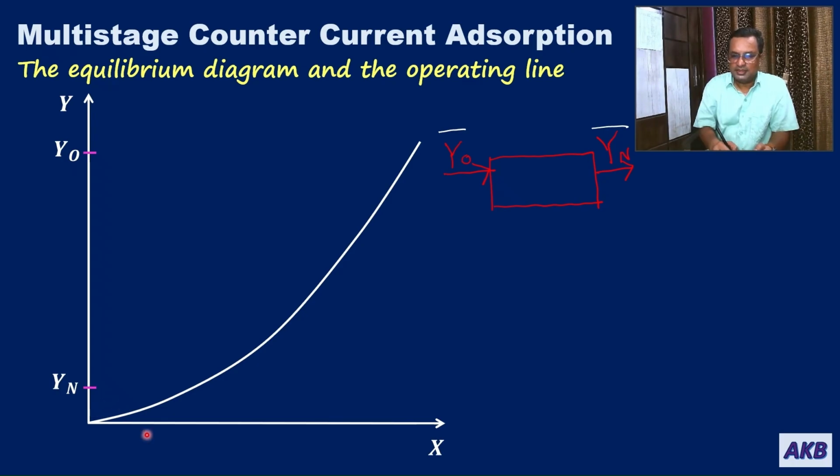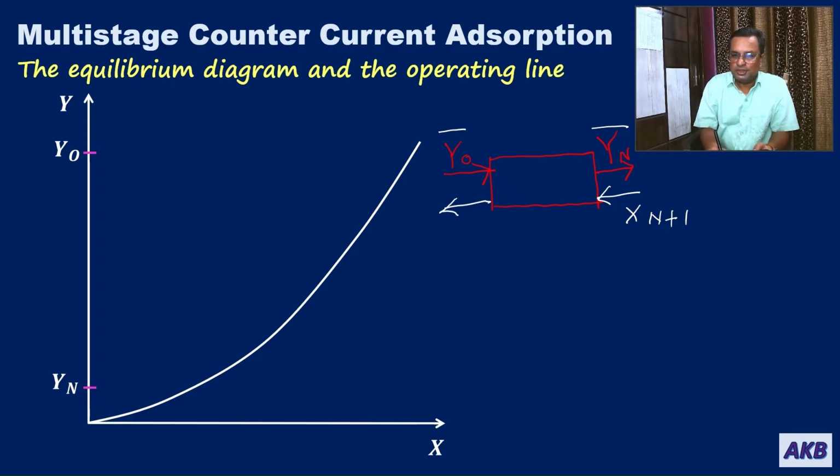Whereas the entering adsorbent phase has a concentration of capital Xn plus 1, and as it moves through the cascade, solute gets adsorbed on its surface. Therefore, the concentration of the solute on the surface of the adsorbent increases as the adsorbent phase moves through the cascade.